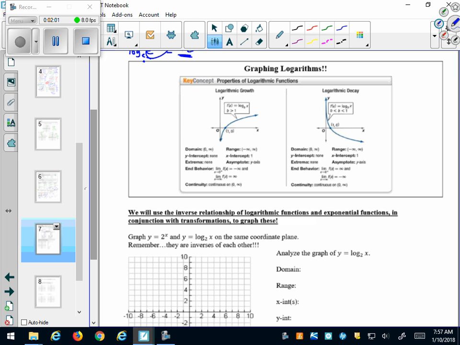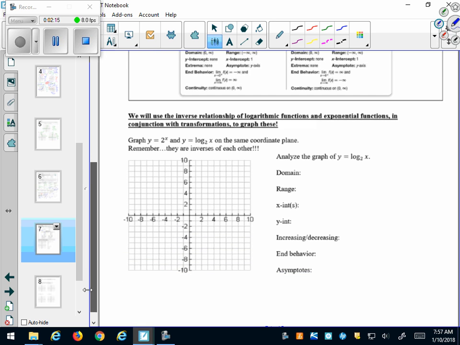All right. Graphing logs. This is where the transformations are going to be really helpful. It says here we're going to use the inverse relationship of logs. Think about this.